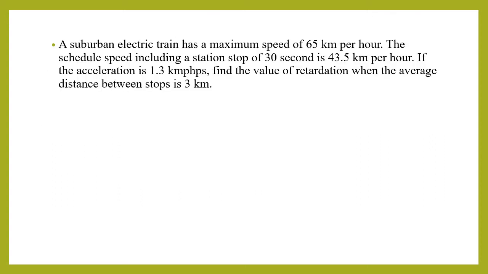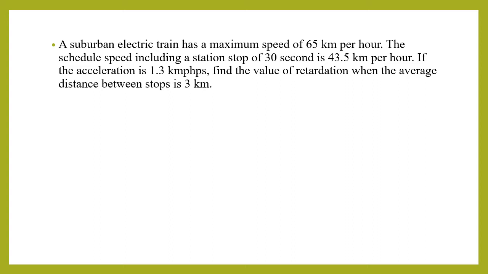Next problem statement. A suburban electric train has a maximum speed of 65 km per hour. The scheduled speed, including a station stop of 30 seconds, is 43.5 km per hour. If the acceleration is 1.3 km per hour per second, find the value of retardation when the average distance between stops is 3 km.